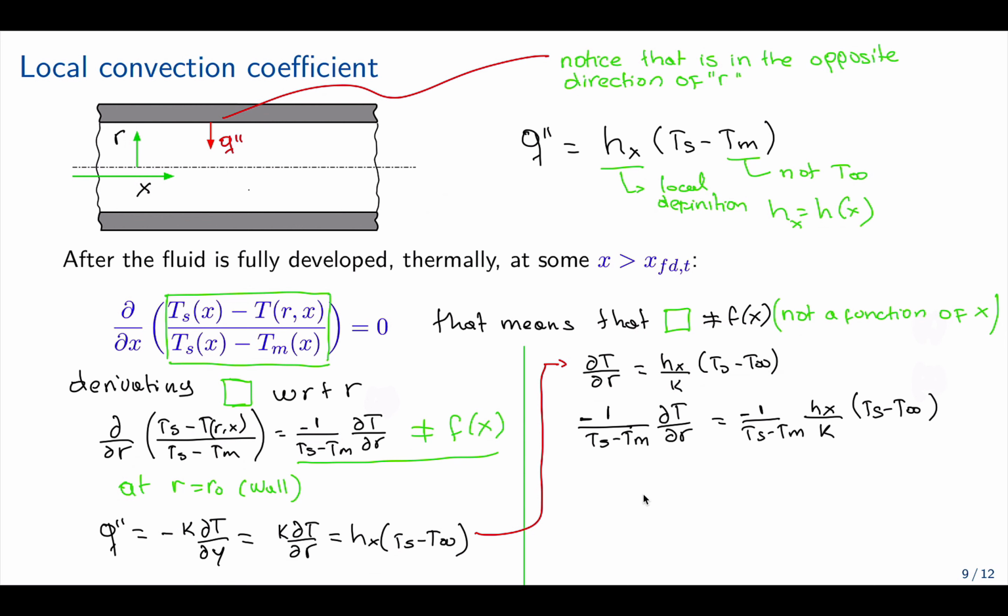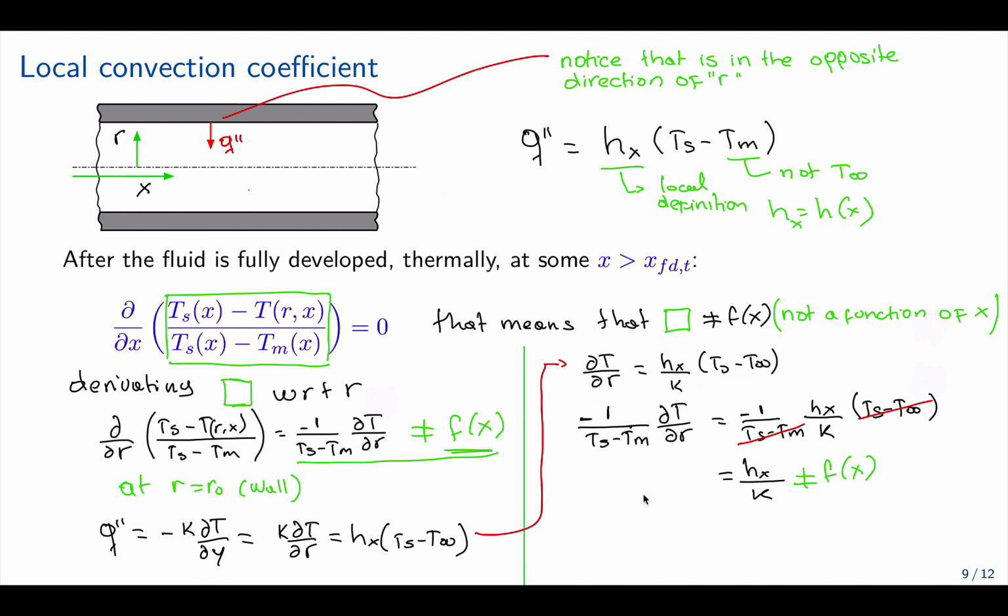Now on the right hand side we can simplify this, and we have that the expression on the left is equal to the expression on the right, which is h of x over k. But we also know that the left side is not a function of x.